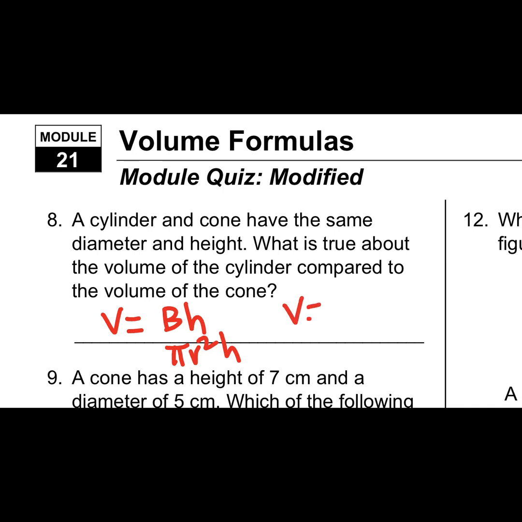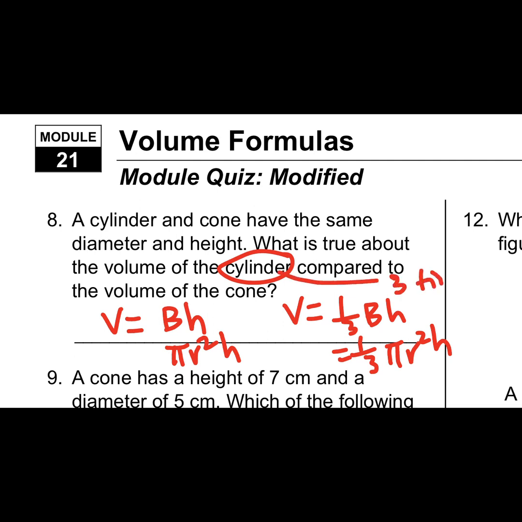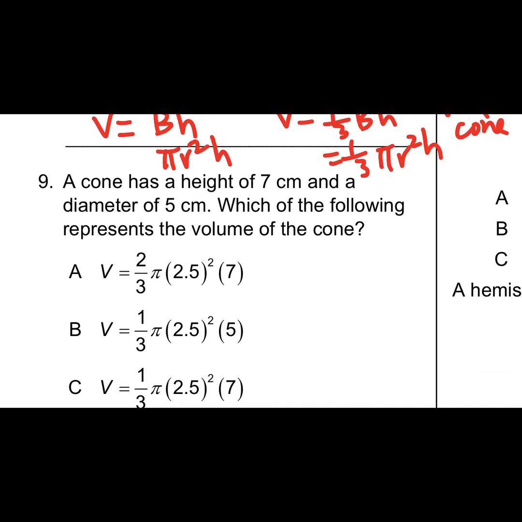And then the volume of the cone is, again, 1/3 area of the base times height, or 1/3 pi r squared h. So the difference, again, is that the volume of the cylinder is 3 times the volume of the cone. That's the difference.